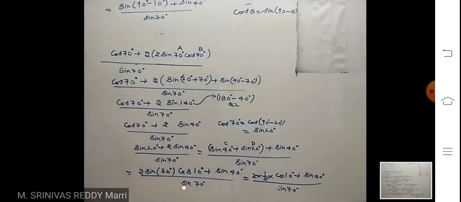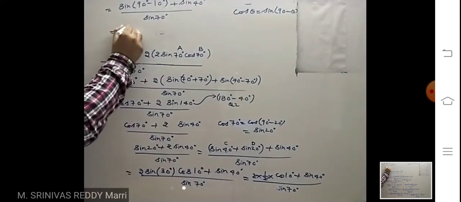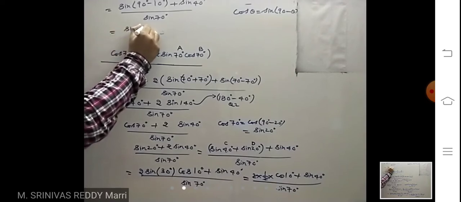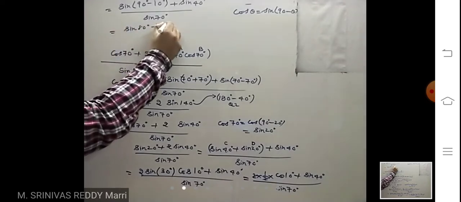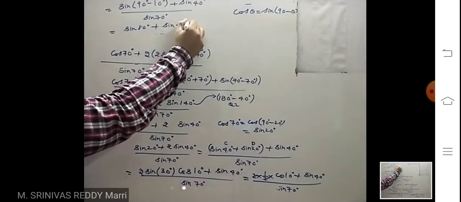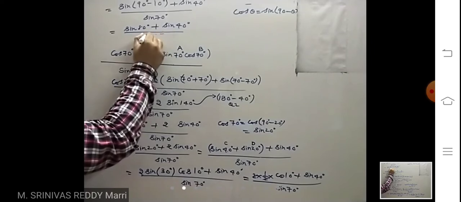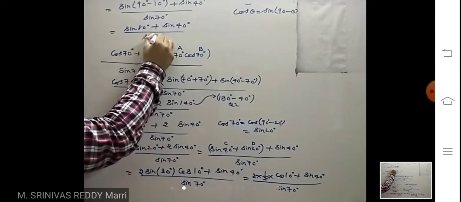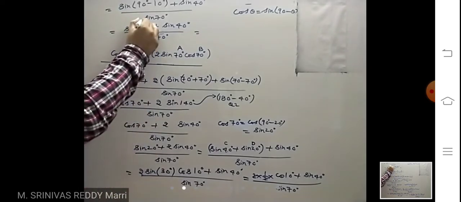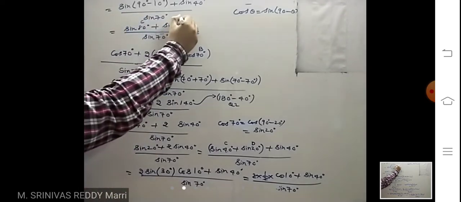Now look at sine of 90 minus 10, sine 80 degree, plus sine 40 degree divided by sine 70 degree. Now again sine C plus sine D. What is the formula?